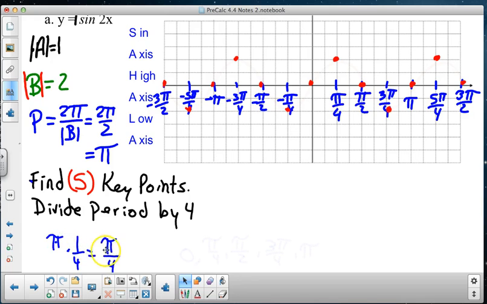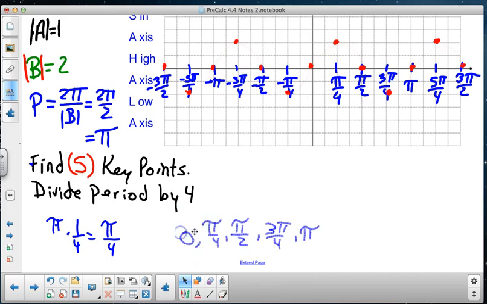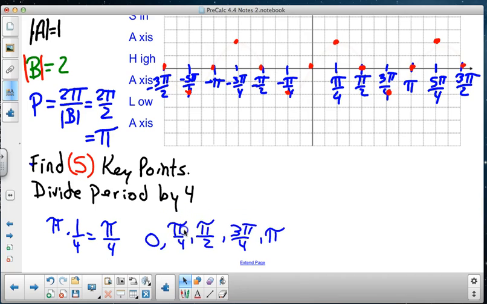So 0 is going to start it all out. This is one of the harder things to do for these graphs, being able to break it up so you have a consistent numbering system throughout your period.